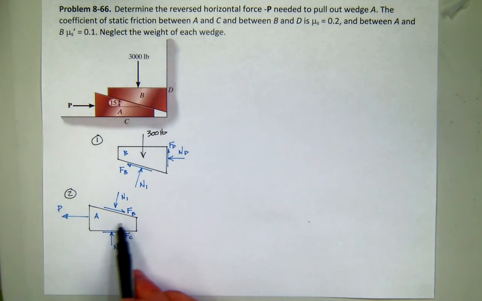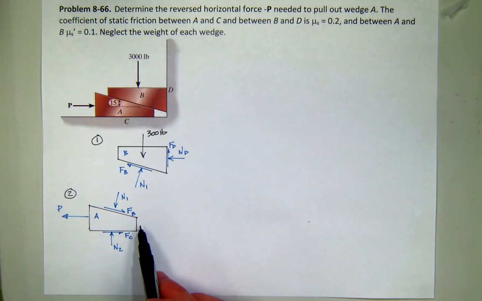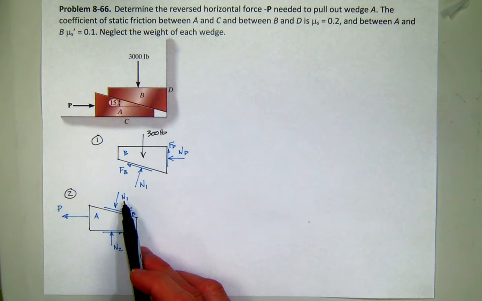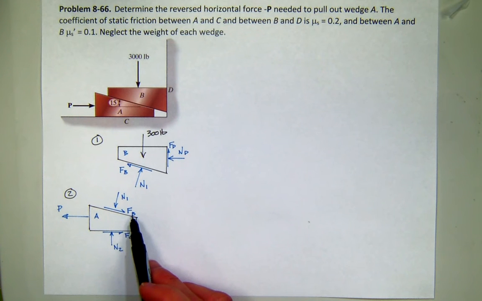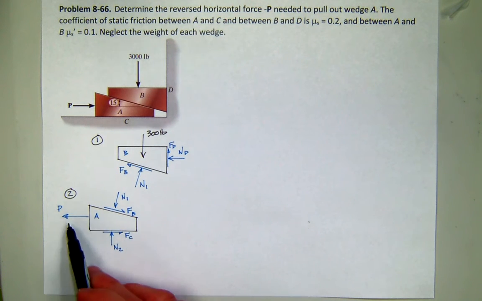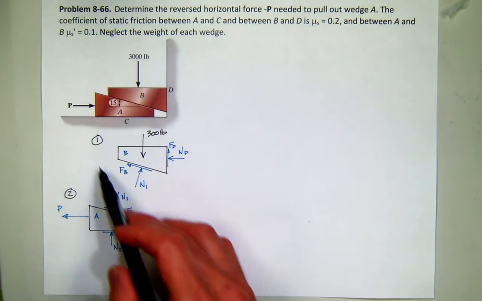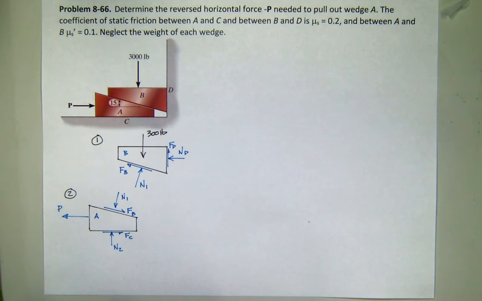Now, since we know the block is moving to the left, we also have our friction relationships here. So really, on this block 2, our unknowns would be N1, then we know the friction, N2, then we know this friction, and P. So I have 3 unknowns, N1, N2, P. If I go to free body diagram 1, what do I have?